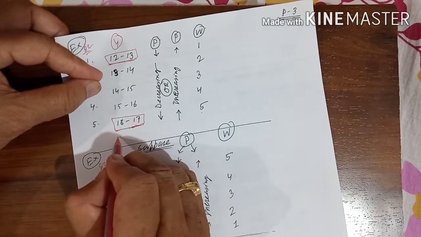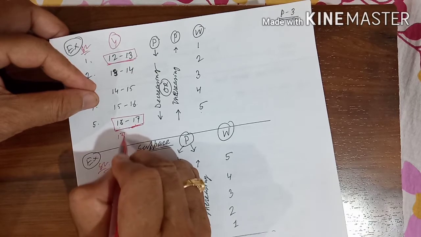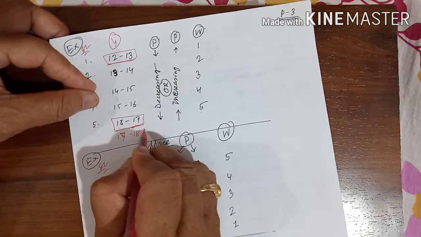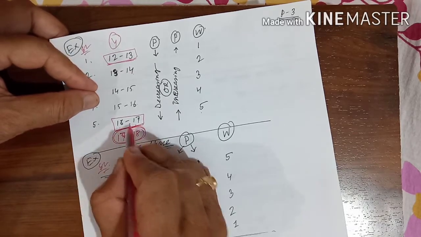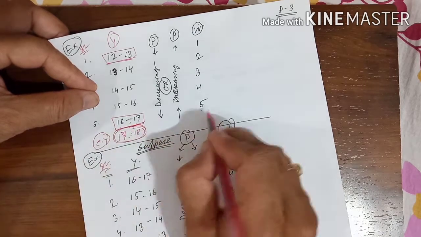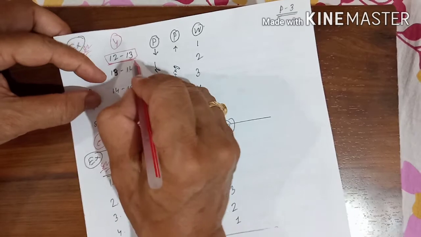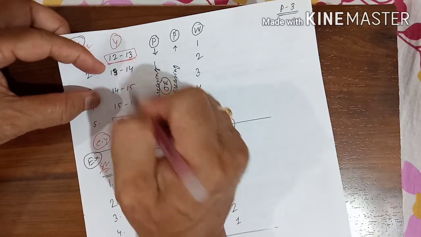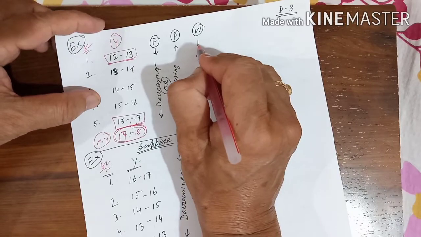Suppose the year now going on is 17-18. So which is the nearest to the current year? This is the current year. Whichever is the nearest to the current year, that weight will always be more. The year which is far away from the current year, that weight will always be less.